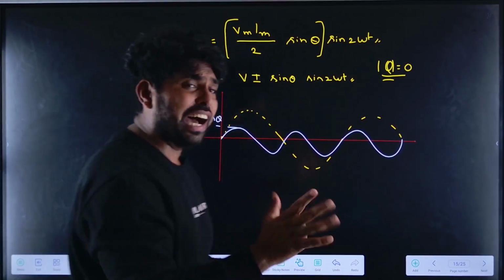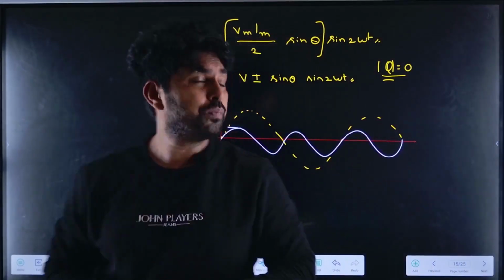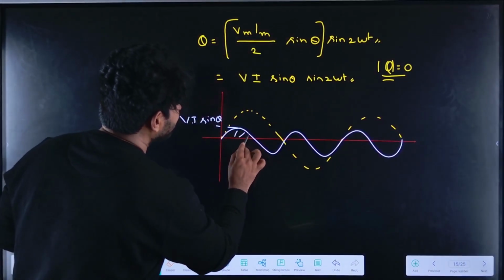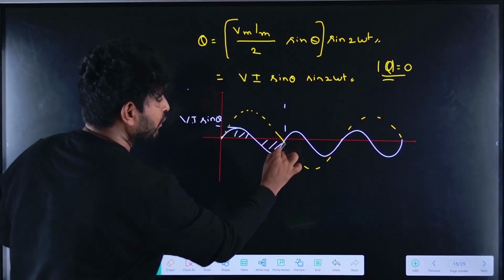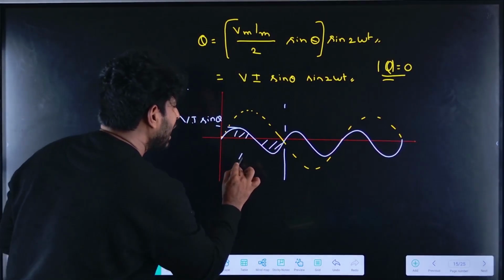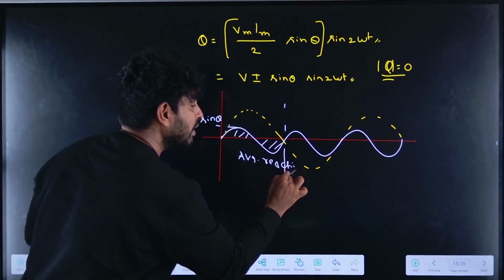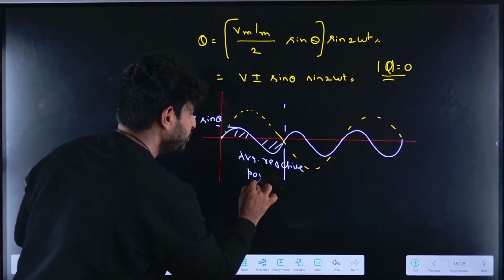If I find the average value, here the average value is 0. If I take one cycle, the positive cycle area equals the negative cycle area. So average reactive power is 0.